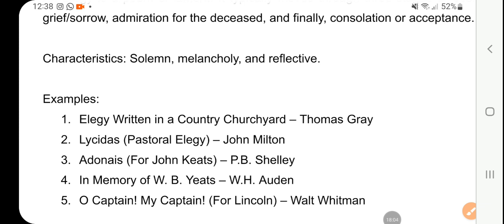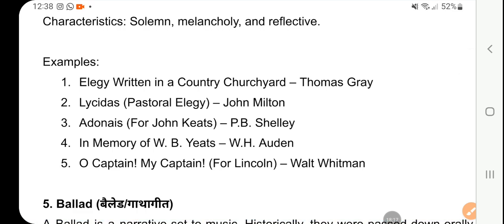And finally, consolation. These are the three parts of elegy, and its characteristics are very solemn, serious, melancholy and reflective.